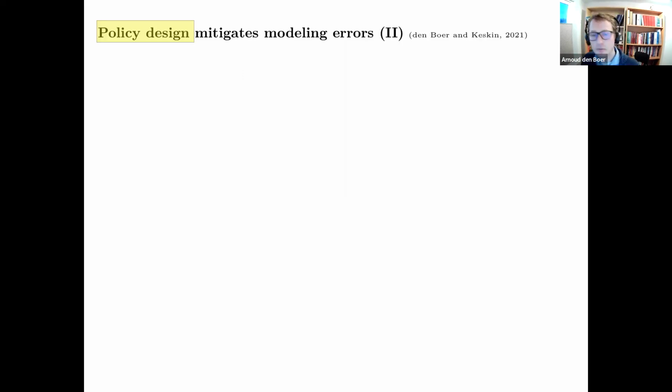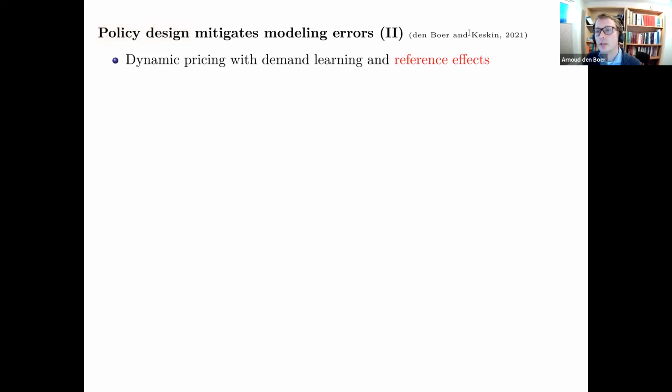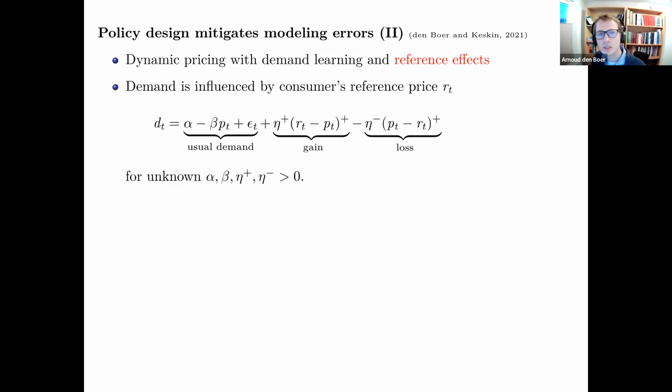Now, very briefly, I want to mention another example. This is from a paper with Boer Keskin. In the previous case, you could say, well, you could also have designed a policy that accommodates nonlinear demand functions, just you have to work harder. But in this case, it's different. So we do dynamic pricing with reference effects.